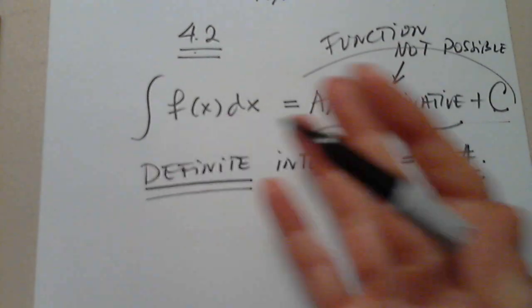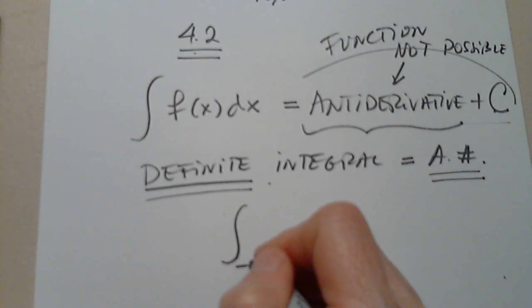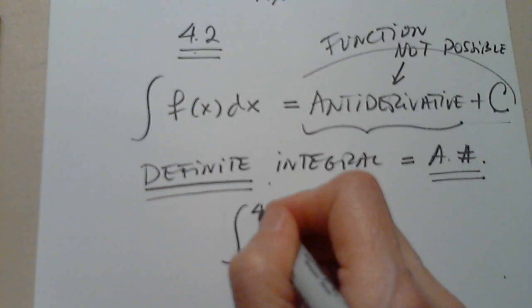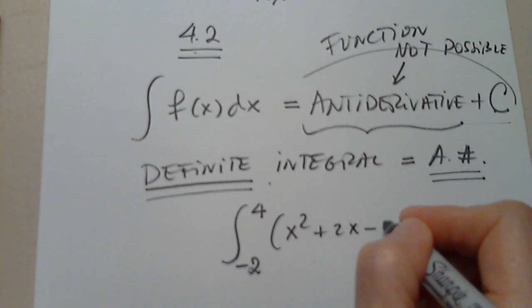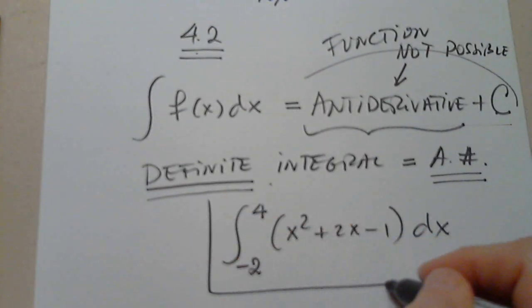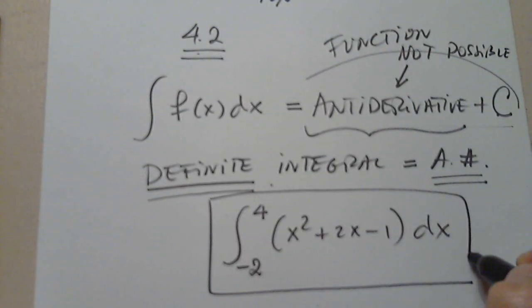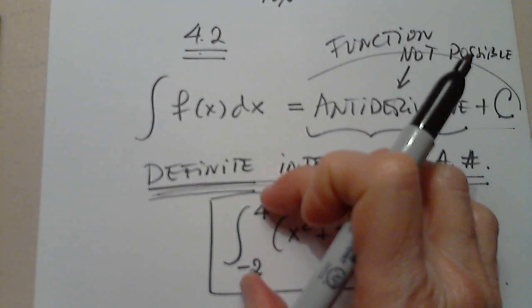How will this definite integral look like? For example, the integral from -2 to 4 of x squared plus 2x minus 1 dx. This is something called a definite integral. It has limits of integration.